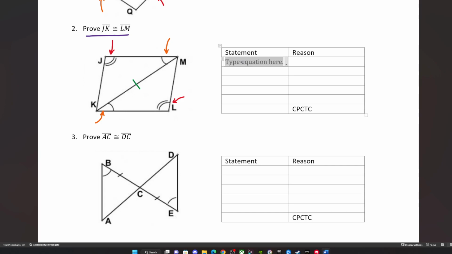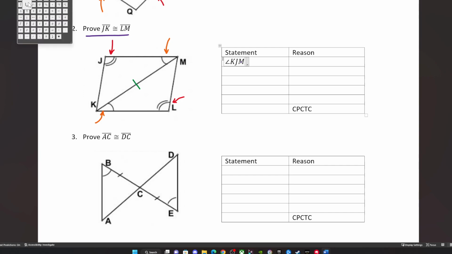Angle KJM, that would be the red one on the far left, would be congruent to angle MLK. So that would be the two red ones. Both of those red angles are congruent.